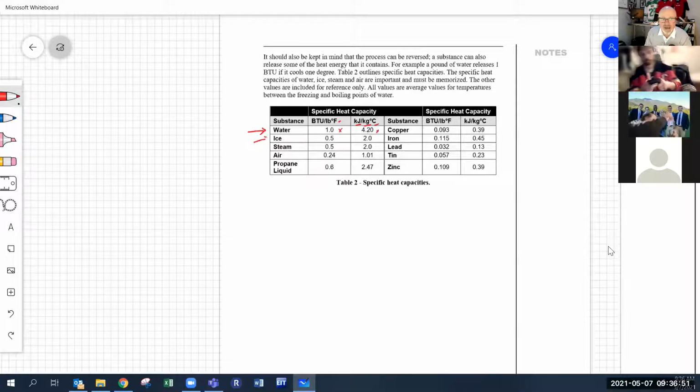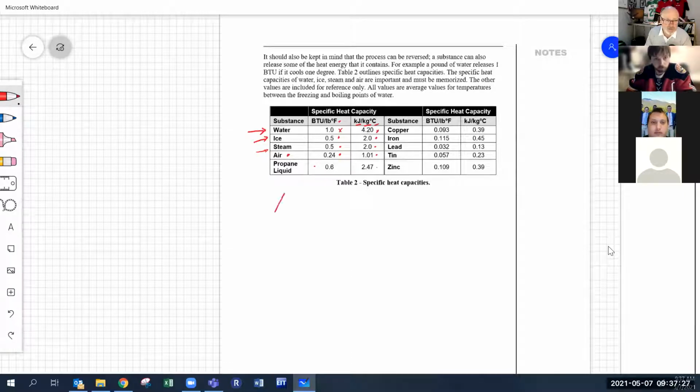If we're talking about ice as our substance, it is 0.5 BTUs per pound per degree Fahrenheit, or metrically 2 kilojoules per kilogram per degree Celsius. Steam just happens to be the same numbers as ice. Air has a specific heat capacity of 0.24 or 1.01. And there we have propane liquid has a specific heat capacity of that.